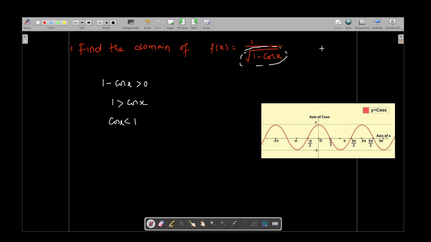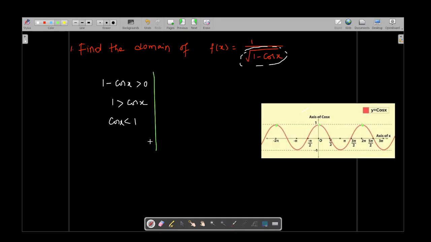So cos x less than 1 is fine, but as you see in this diagram, cos x goes to 1 every now and then. At 0 cos takes 1, and at 2 pi it takes 1, at 4 pi, minus 2 pi, all these values cos becomes 1. So all these values we cannot have in the domain.